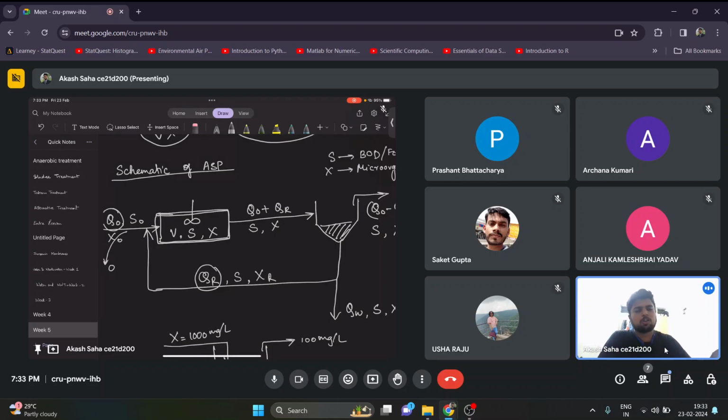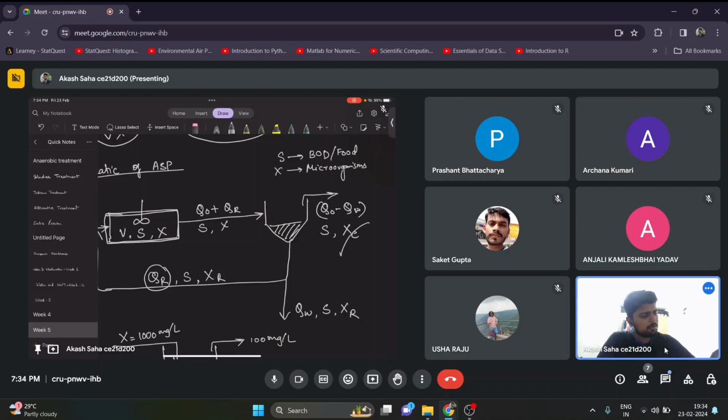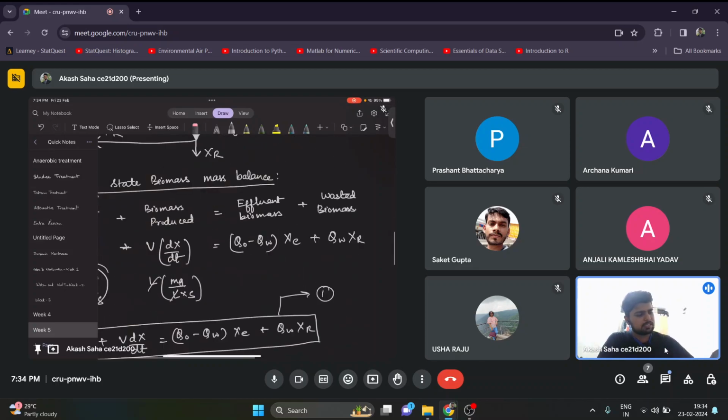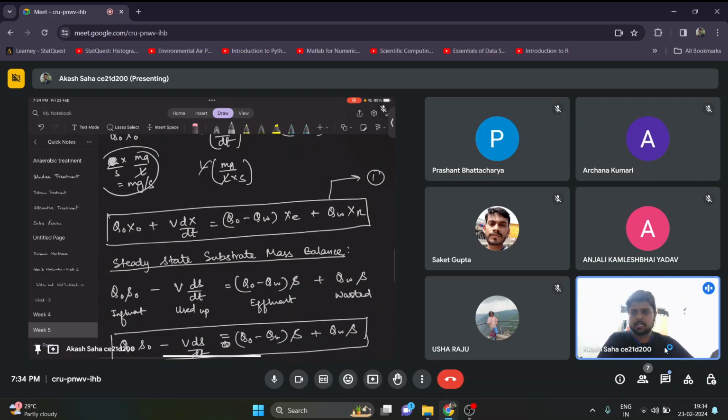We will assume that no microorganisms are entering into the system, and also in the effluent, no microorganisms are coming out of the system. So in equation 1, both my X naught term and my Xe term will become 0.